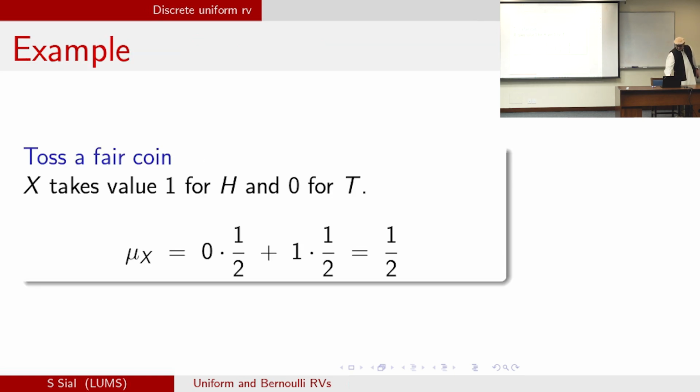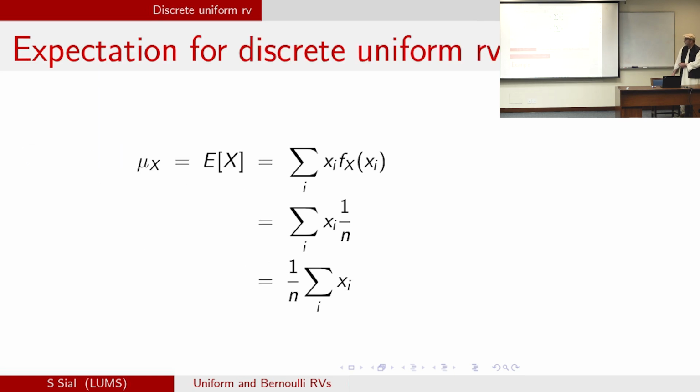Okay, so as an example, the expectation for the coin flipping case: it can take the value 0 with probability 1/2, plus the value 1 times the probability of 1, which is 1/2, so that is 1/2. Or if we remember this formula, we'd say, okay, 0 plus 1 over 2.